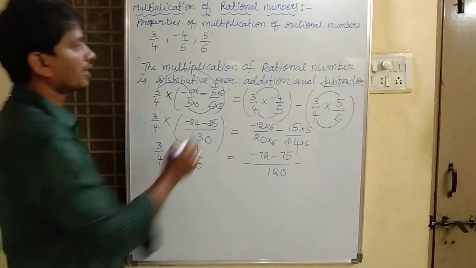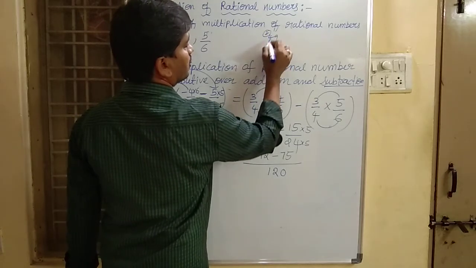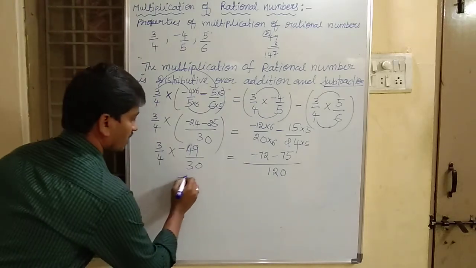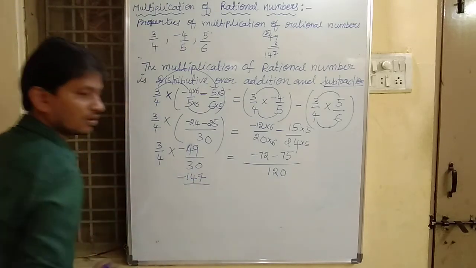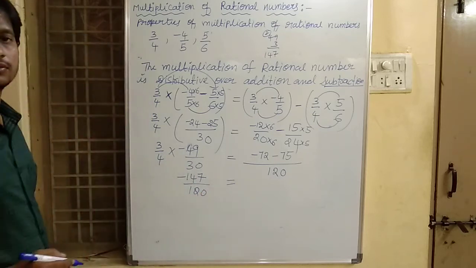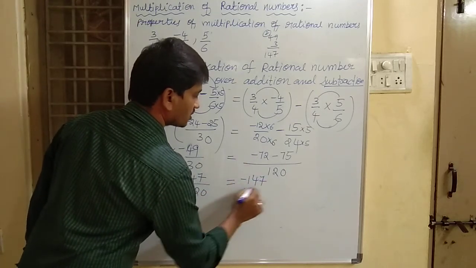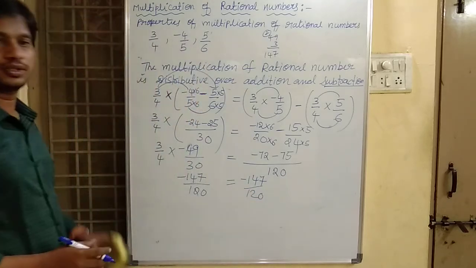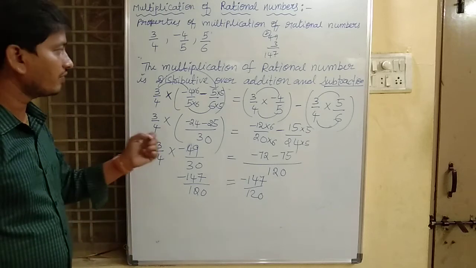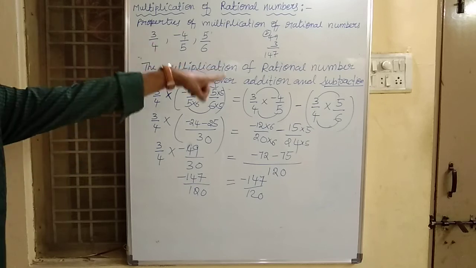So 3 into 49, 3 times 49 is 147, which is minus 147 by 4 into 30, 120, equal to minus 72 minus 75, which is minus 147 by 120. You can observe here also they both are equal. Then we can say that multiplication of rational numbers is distributive over subtraction also.